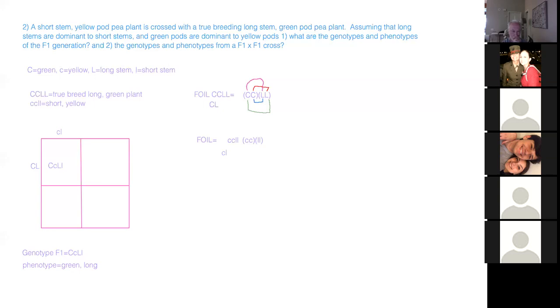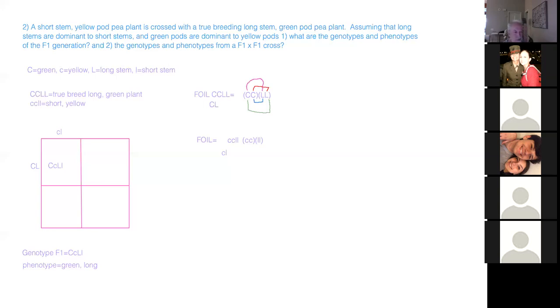But there's a second question now. What do I have to do with this F1 cross? What individuals am I going to cross? If I'm looking at individuals, I've now bred two plants and I have, say, a bunch of other F1 plants. Maybe we got 50 of them, who knows?